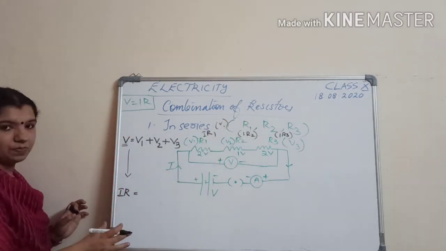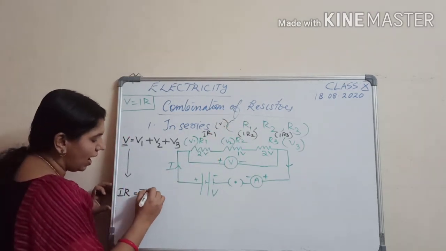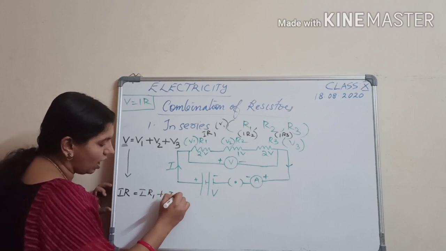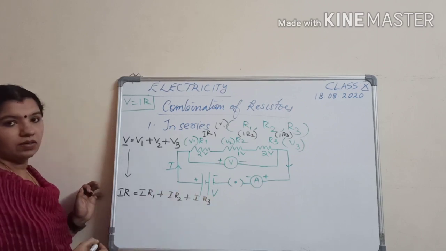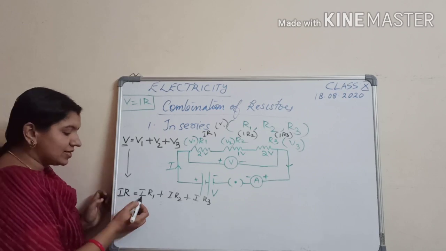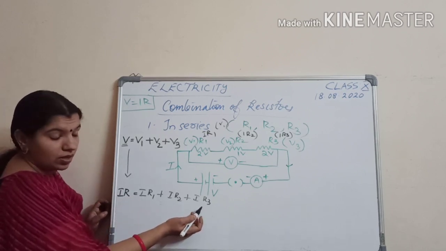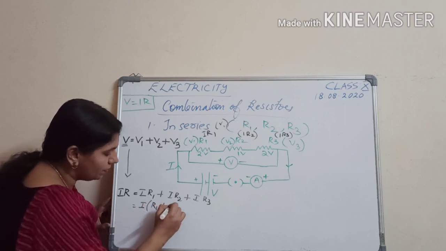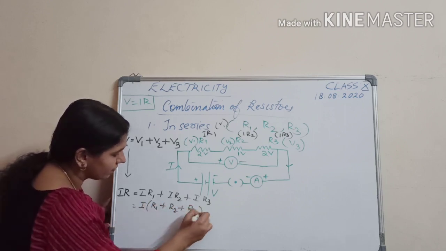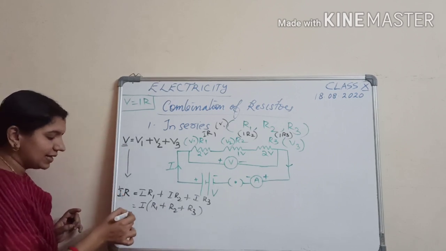So the expression will be I R1 plus I R2 plus I R3. Clear? Now listen, what is common here? I is common. So I can write this expression as I times R1 plus R2 plus R3. Isn't it? So I will get cancelled.